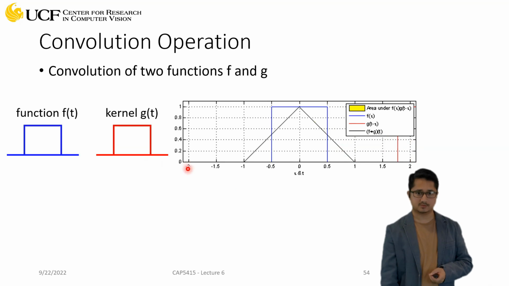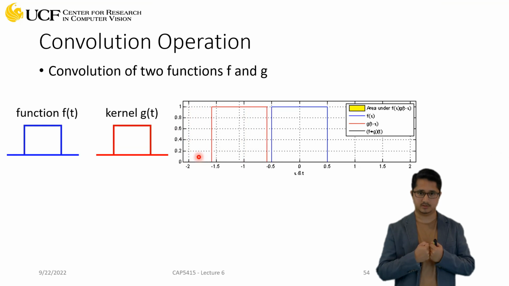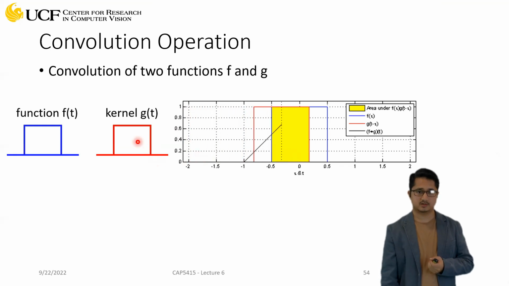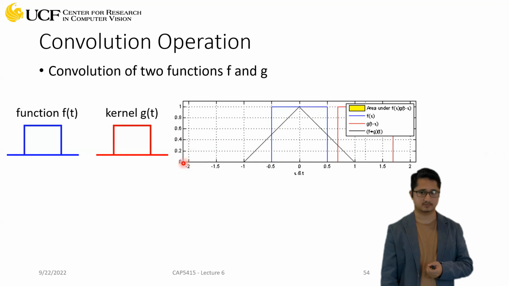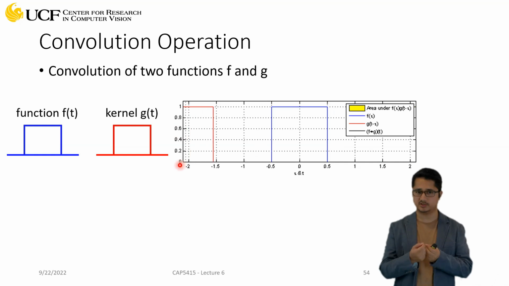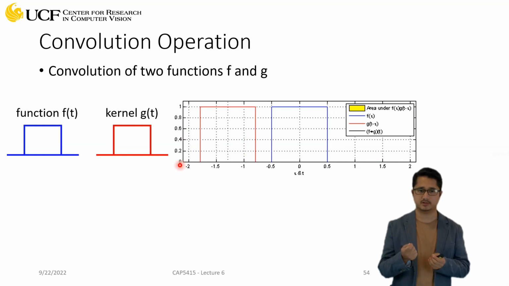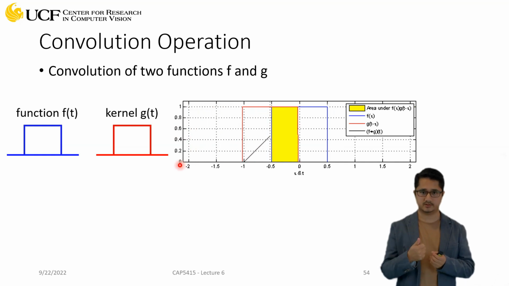So you start from this point, you take your kernel, and then you find the correlation. You see this kernel is not matching with the function at this location, so the response will be 0, because it's just element-wise multiplication. In this case, it's a 1D function with just two values, either 1 or 0.